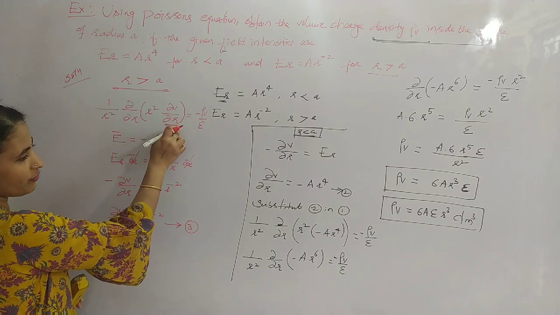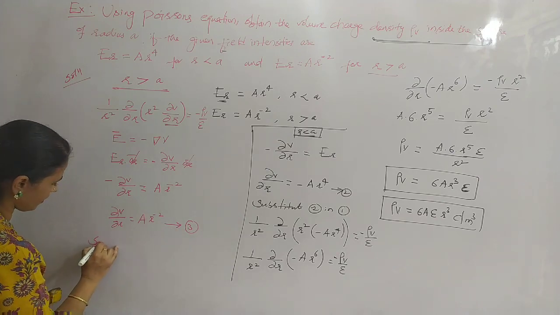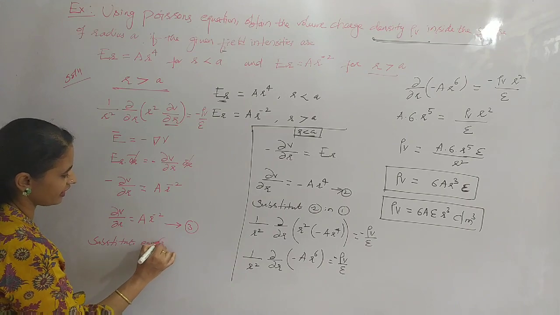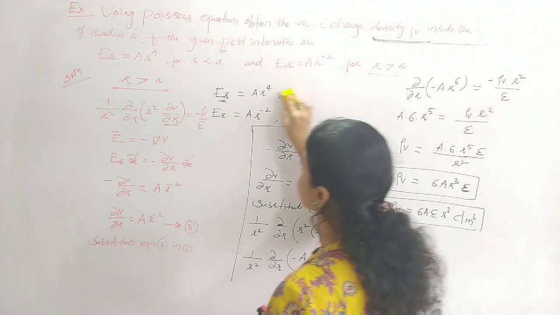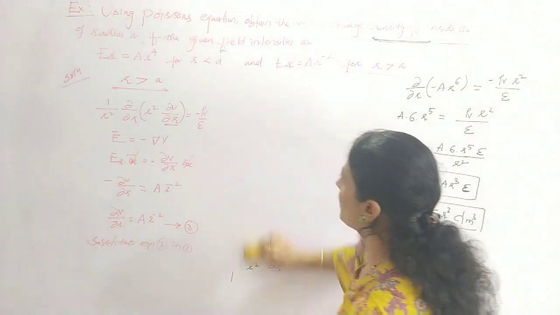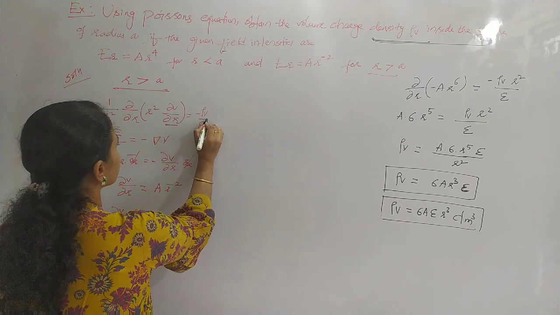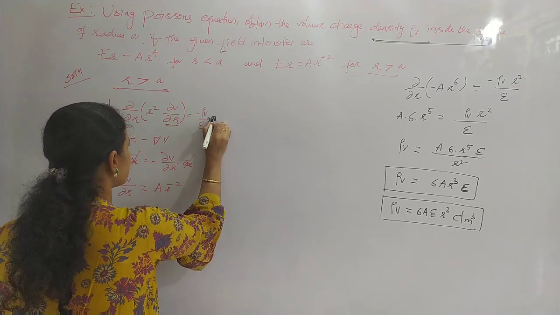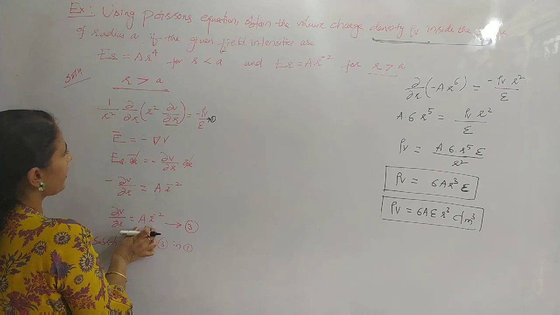Substitute equation 3 in equation 1, which is already defined as equation 1. We will replace dou v by dou r by a r power minus 2.